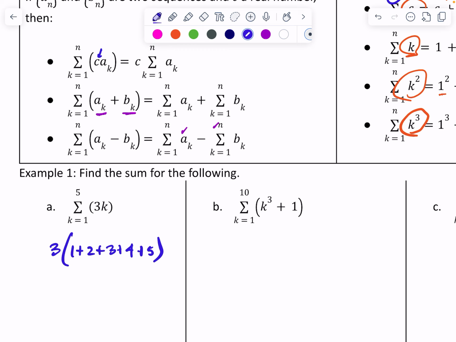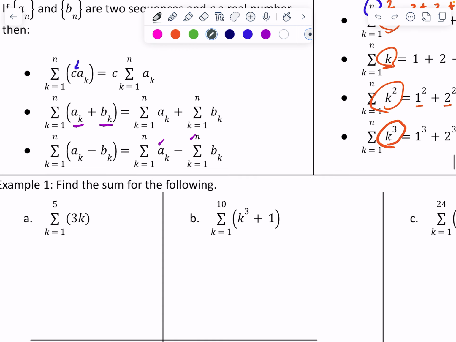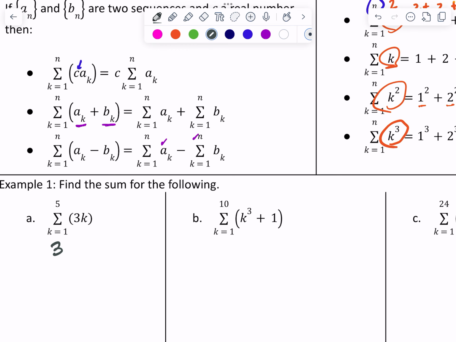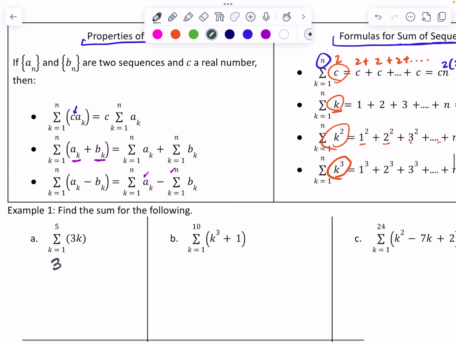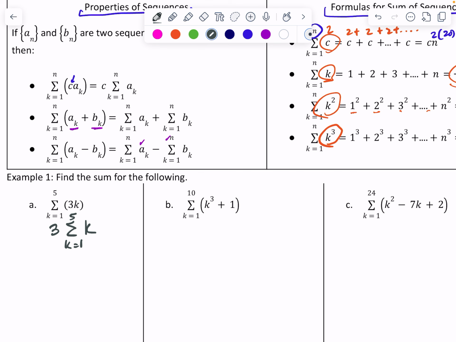Now, we cannot do this every single time. Just because this was only 5 terms, I went ahead and wrote all of them. Let's just use the formula instead. That would simply be 3 times the linear, which is the sum of k from 1 through 5 of k. Now this matches this one right here.